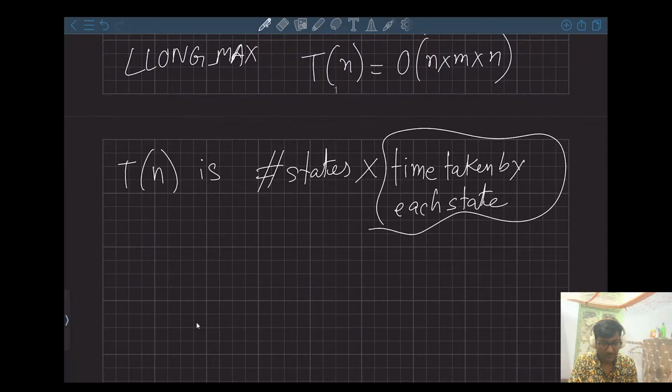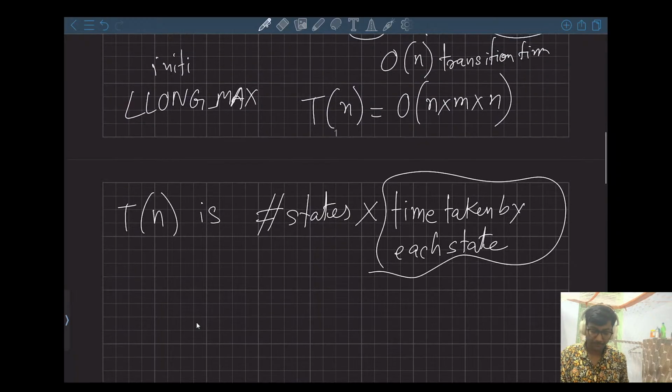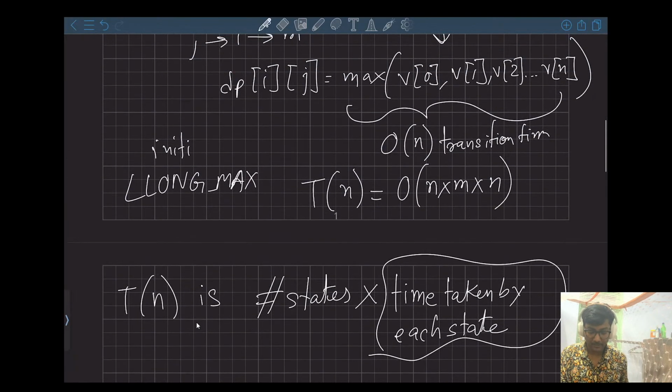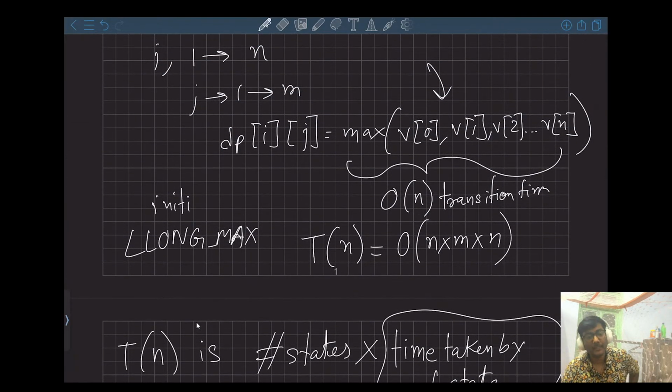Now, this definition is kind of a little bit vague. Why? Because sometimes the time taken by each state will be dependent on the state number. Like, for example, what if I say that here I want max of V0, V1, V2 up to Vi, or maybe up to Vj.